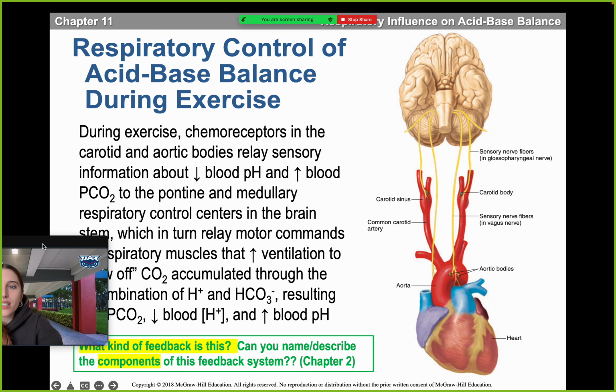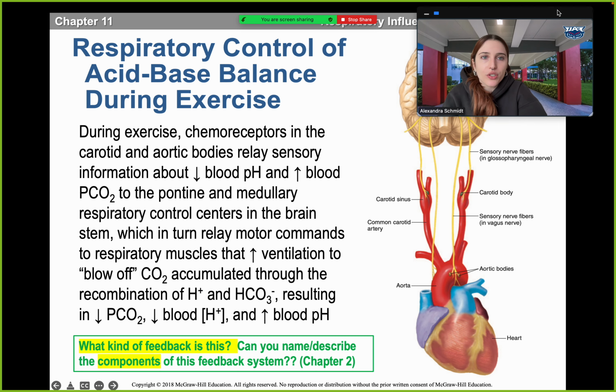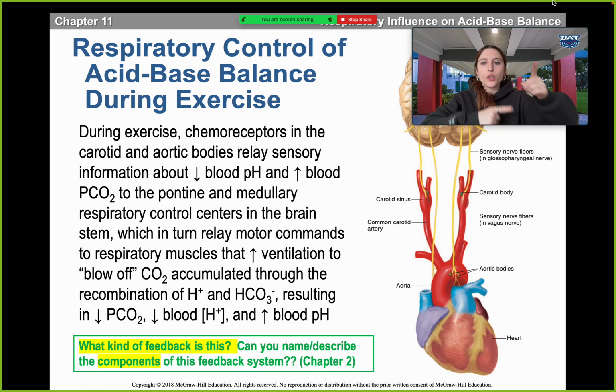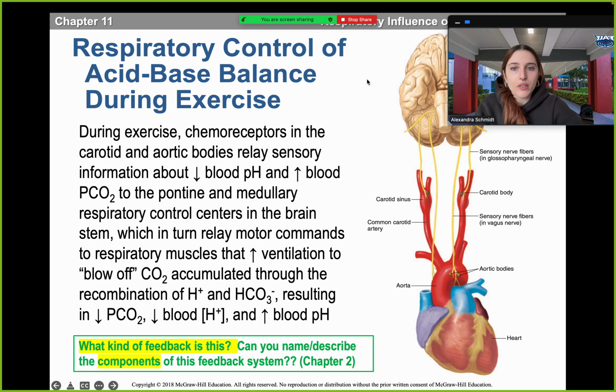Respiratory control of acid-base balance during exercise. So this is kind of the bigger picture here. What are all the players doing during exercise? Running through this, this is depicting a feedback mechanism. Before I even start that, what are we looking at here?